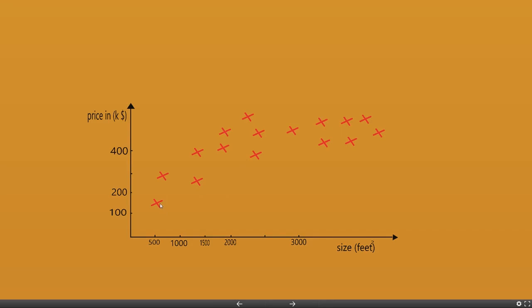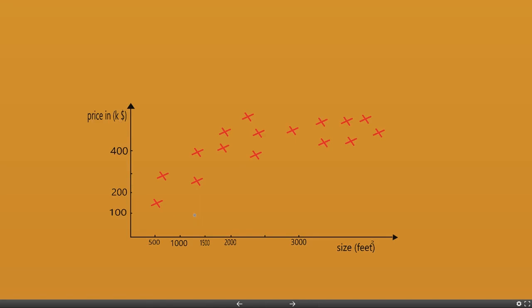So you see here a house that is 500 feet square. It's worth almost $150,000. It's in K dollars. So this is a set of examples. The X here is the size, and the Y is the price.